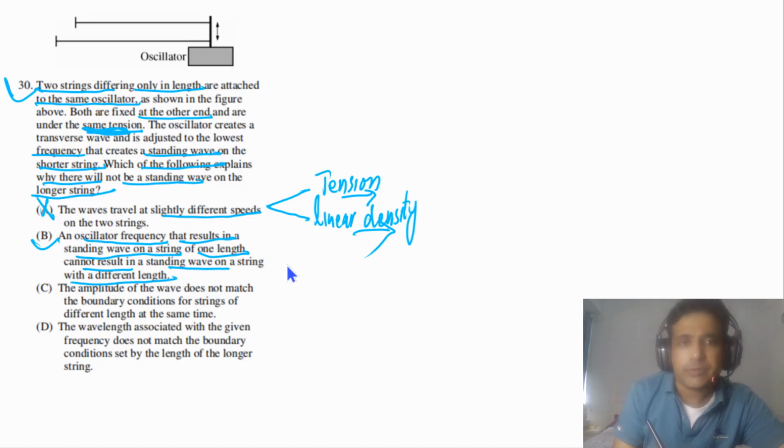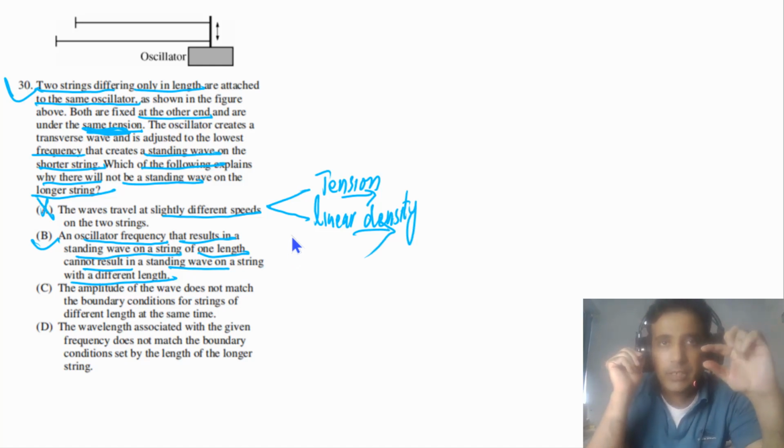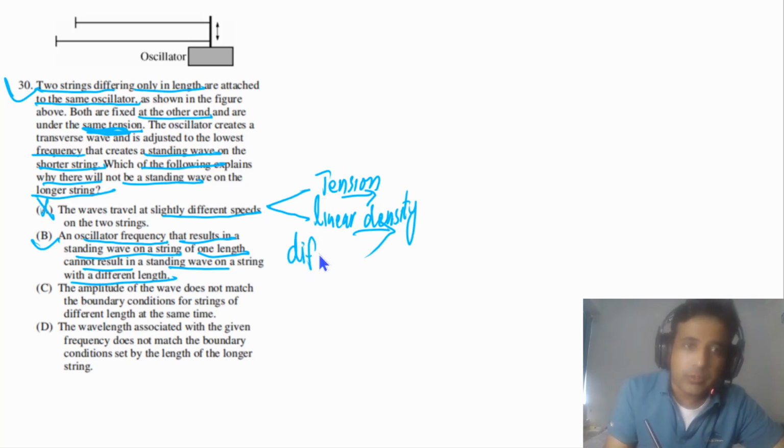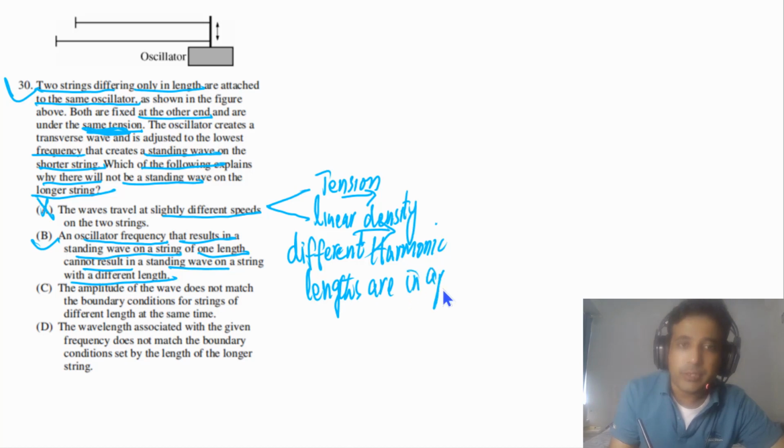This option is also incorrect, because if we can create a standing wave on one string, a different harmonic can produce a standing wave on the other string if lengths of these two strings are in appropriate ratio, then it is possible.